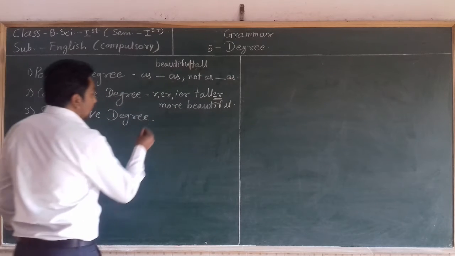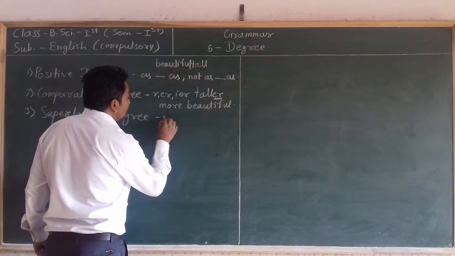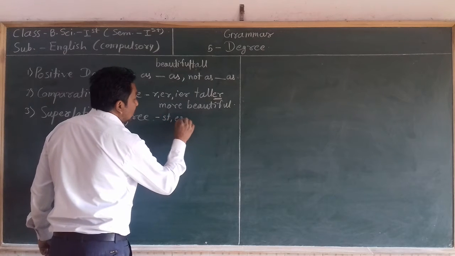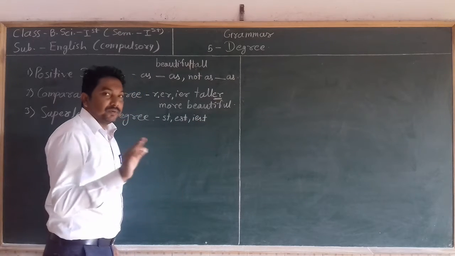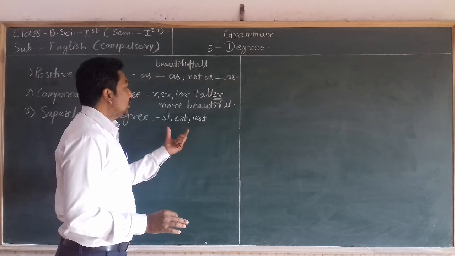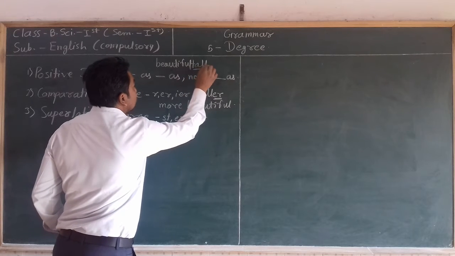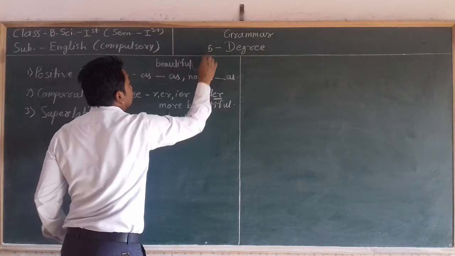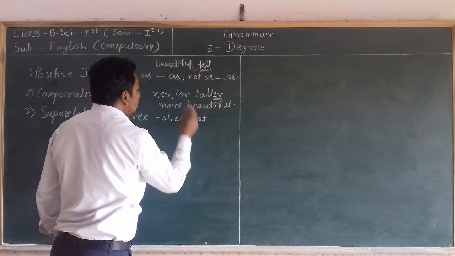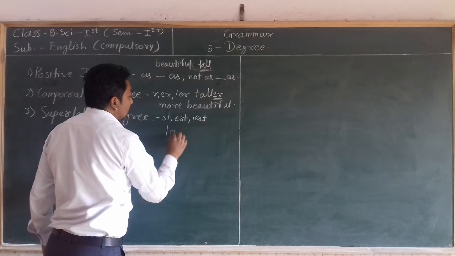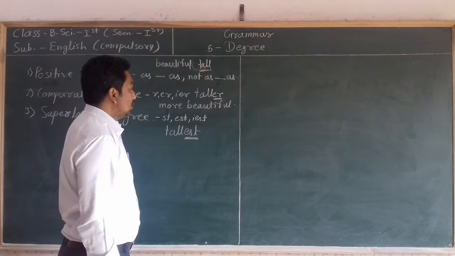In superlative degree, we need to use st, est, iest, this kind of suffix to the adjective word. So if we want to convert this adjective word into superlative, that will be tallest, we used est.